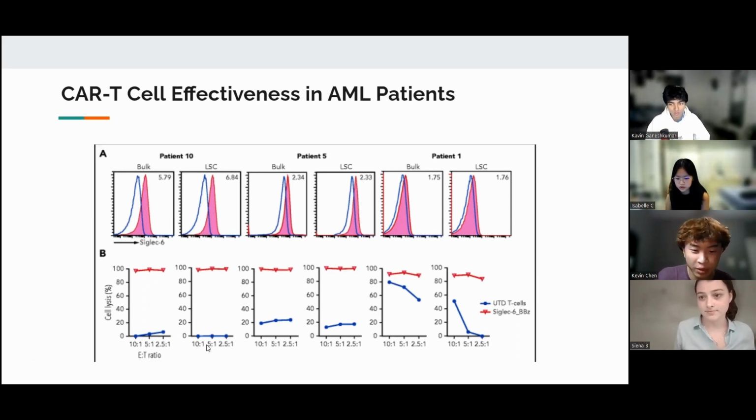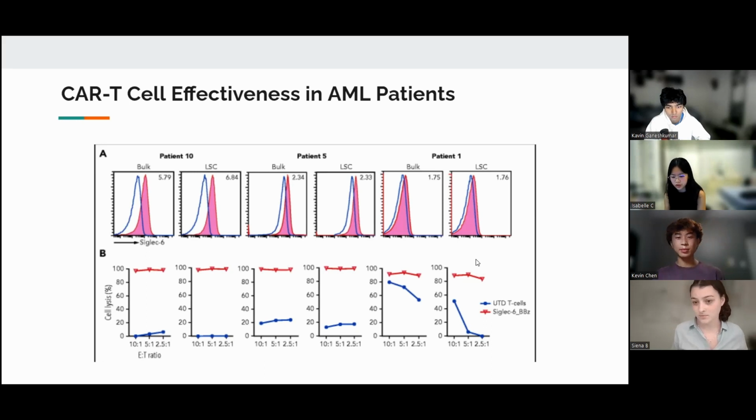So you can see 10 to 1, 5 to 1, 2.5 to 1 ratio, the smallest ratio. All of these Siglec-6 CAR T cells were still reasonably effective against these. Significantly effective. And for example, in patient 1, who was not very leukemic, UTD is untransduced, so they're natural T cells.